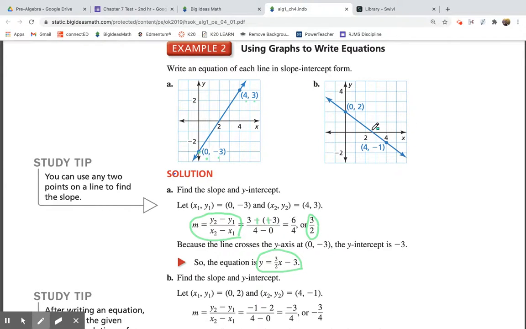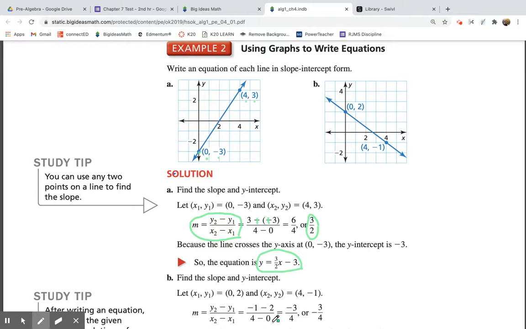Okay, example B is the same type of problem. If you look at this picture from left to right, it is going down. So we already know when we plug into this formula to get our slope, we should get a negative answer. So we choose a point to be x1, y1, and we plug them in. So y2 minus y1, -1 minus 2, over x2 minus x1.